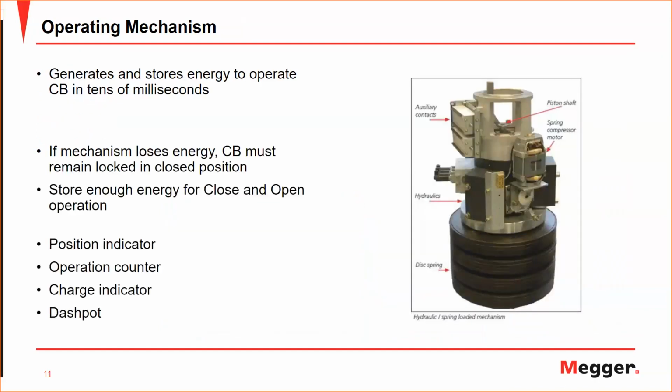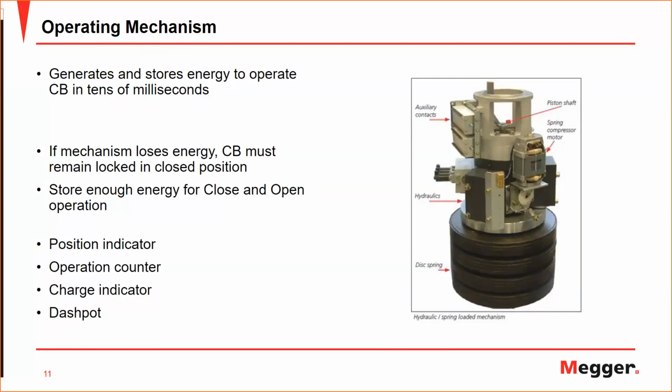So we said that the mechanism needs to store energy, usually a high amount of energy, and then release this energy to operate the circuit breaker, either for closing or opening, in tens of milliseconds. So this energy must be stored correctly.